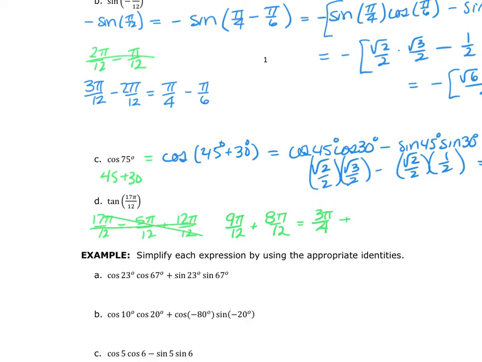And then plus 8 pi over 12, 4 goes into both of those twice. So it's going to be 2 pi over 3. So 17 pi over 12 can be written as 3 pi over 4 plus 2 pi over 3. So this is the tangent of 3 pi over 4 plus 2 pi over 3.